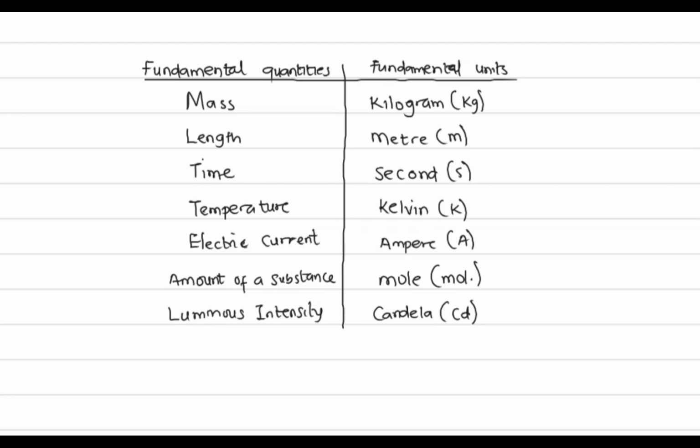Mass is kilogram, kg. When you see kg, know that what was measured is mass. When you say length, it's meter. Anytime you see meter, have it in mind that what was measured is length. Length stands for distance, displacement, breadth, height, base, depth.